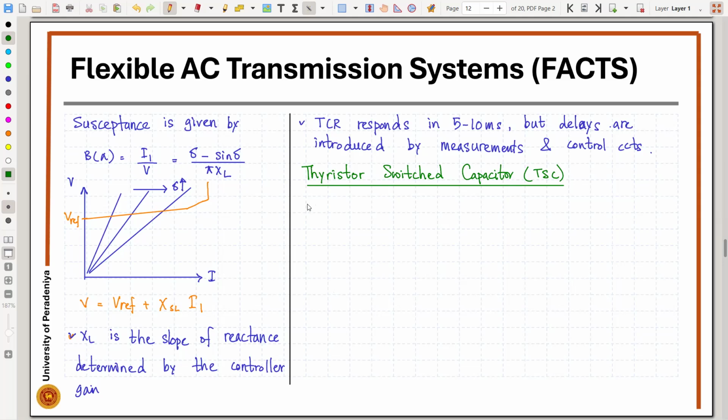So if we consider the thyristor switched capacitor, it is like this. We have XC, where XC is equal to 1 over omega C, with the source Vs, and thyristors T1 and T2. What we are doing here is either connecting or disconnecting.